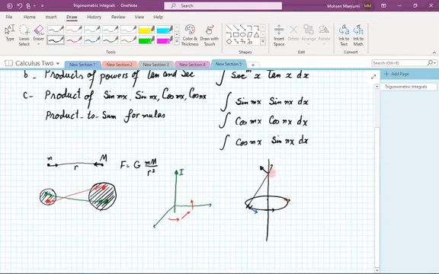Every little piece of this creates a small piece of this puzzle, and there are going to be all these little magnetic fields created by different elements of this wire. And the question is, what's the net magnetic field at this location?